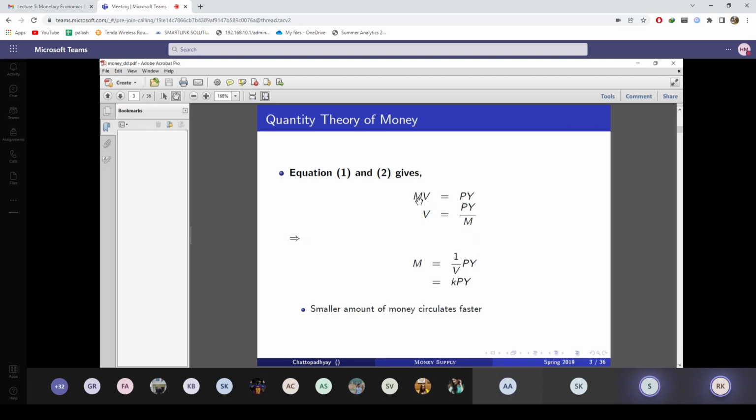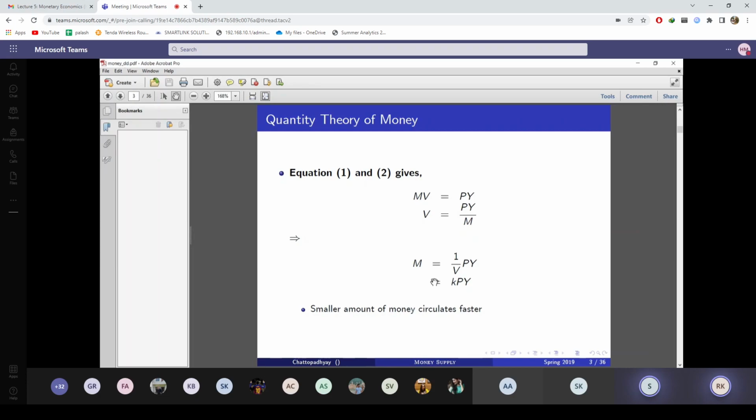The right hand side of this equation represents money demand. If I divide by V, so this PY divided by V, that is 1 over V times PY, which is KPY. This right hand side KPY represents your money demand.